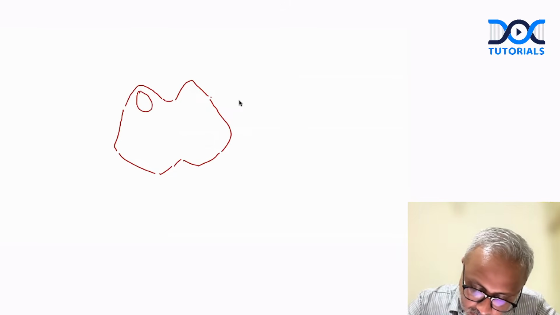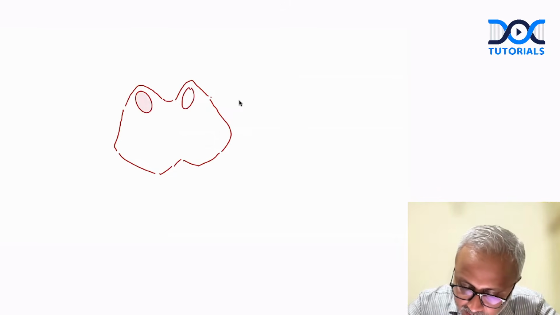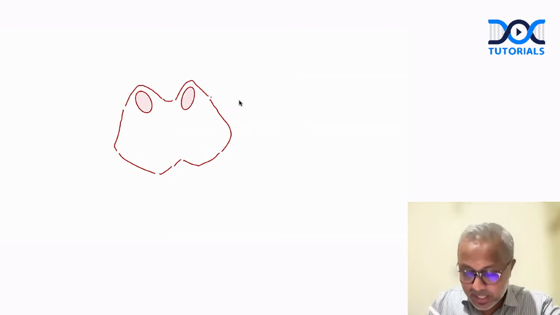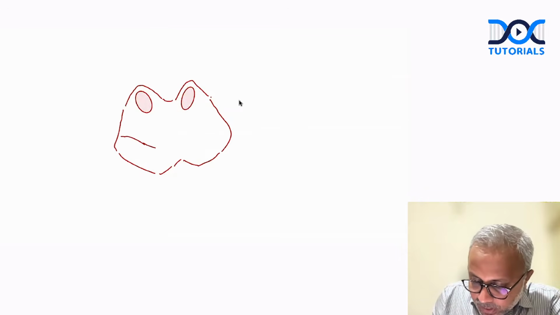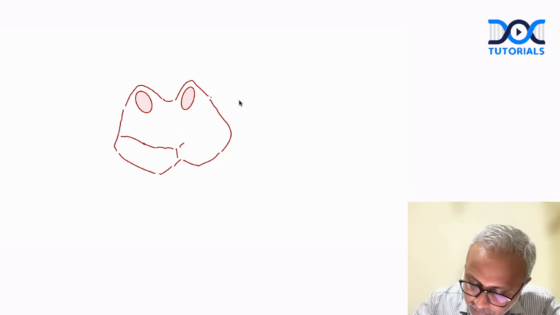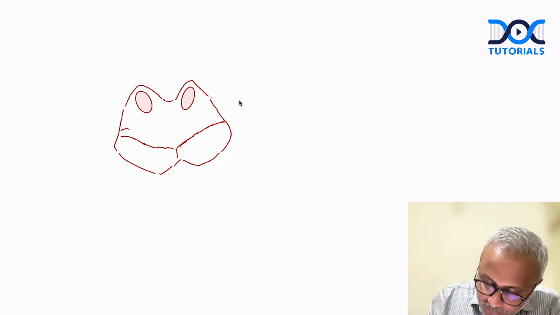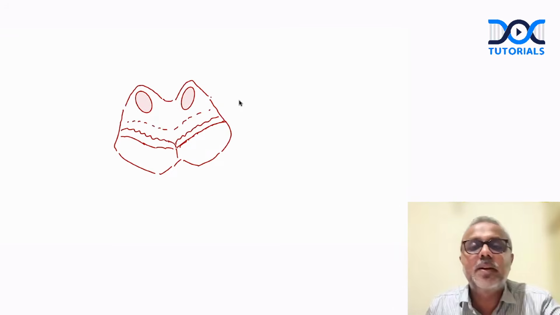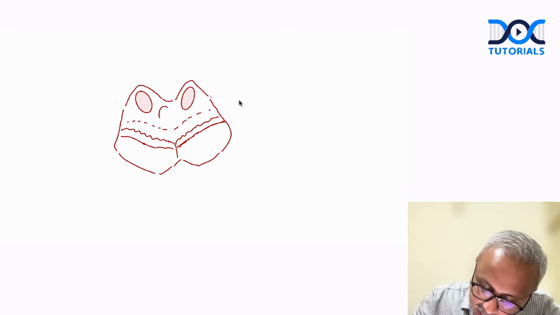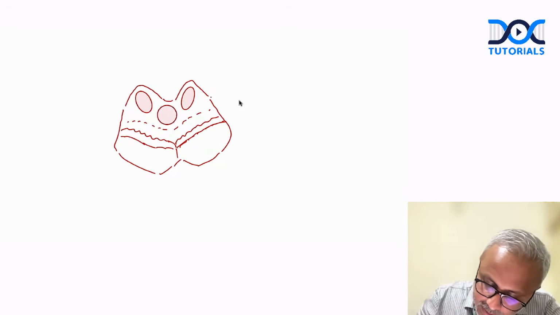So we need to know the superior colliculus in the dorsal part. The anterior part of the midbrain forms the cerebral peduncle. So we have the crus cerebri, and then we have the region of the substantia nigra, and here we have the region of the tegmentum of the midbrain. This is the periaqueductal gray matter.